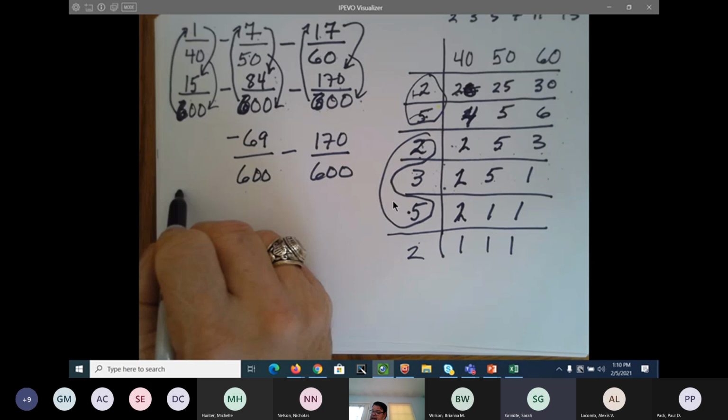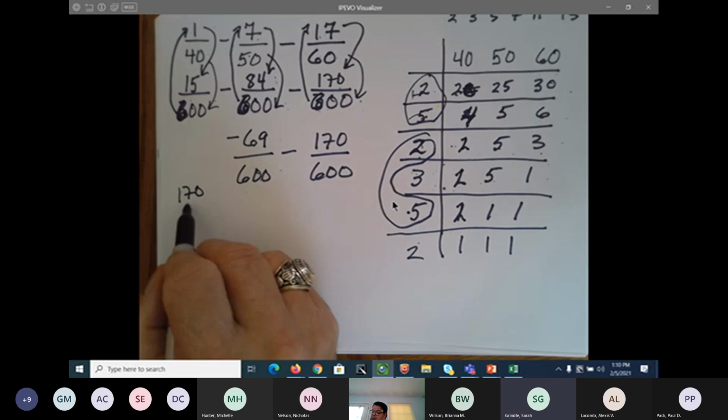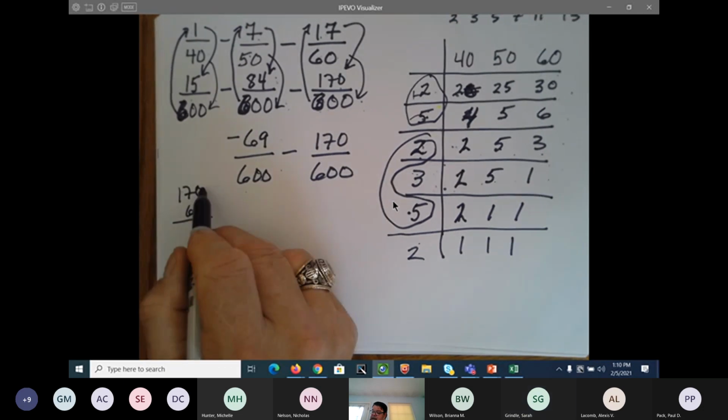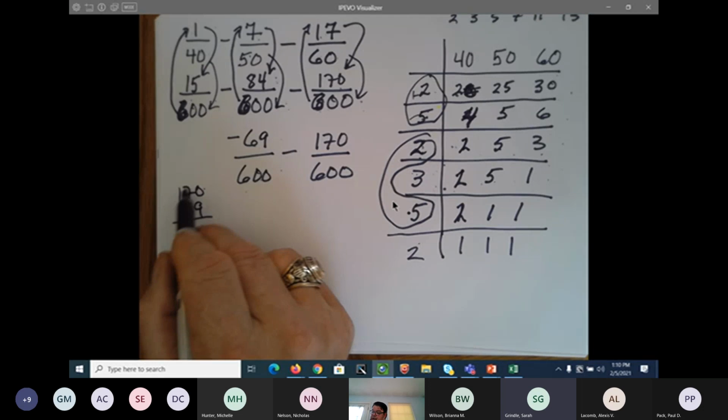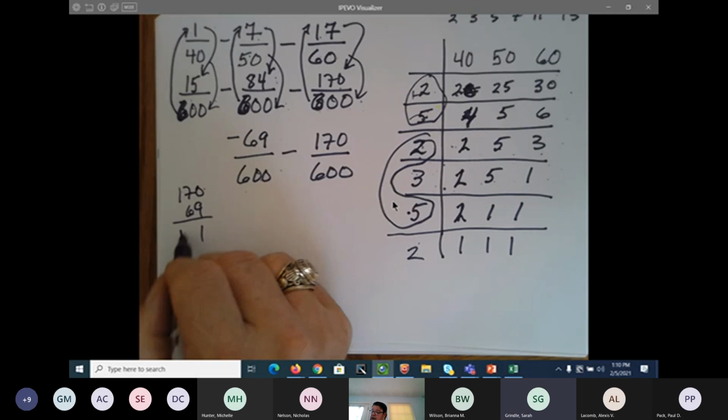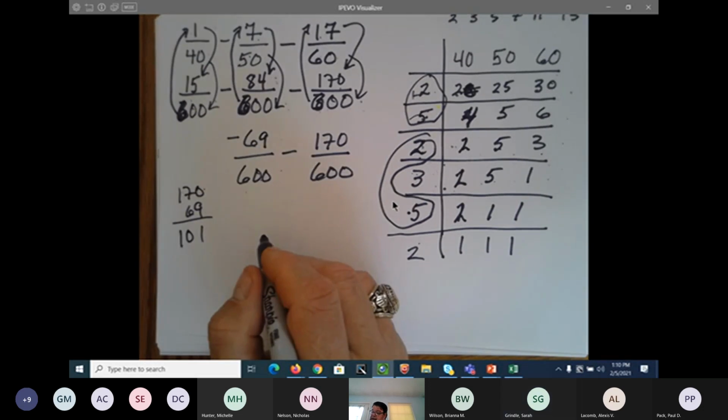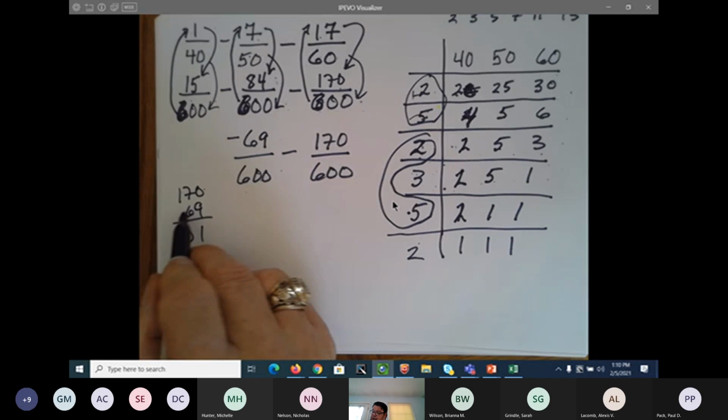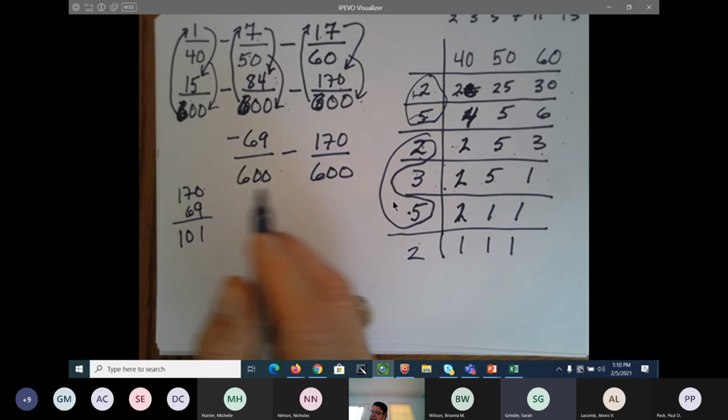170 and 69. That'd be 1 and 16 minus 6 is 101. I get 101. No, that's not right. I've subtracted. That'll be 239, I believe. Yeah, so you go from left to right, subtracting? Negative 239 over 600.